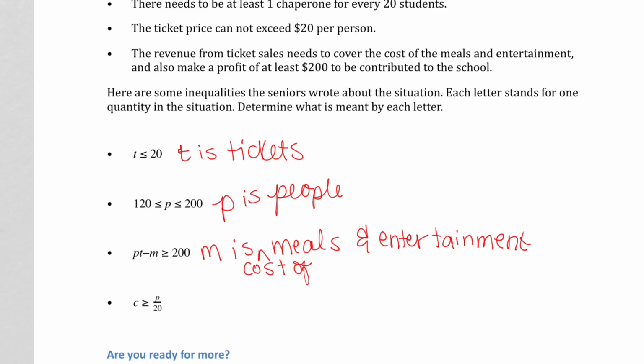All right, C is greater than or equal to P divided by 20. What is C? Chaperones. So it's going to be the number of chaperones.